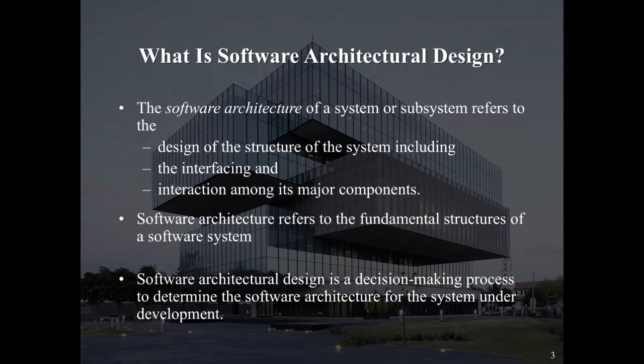All these arrangements are called architecture. So when you want to design the architecture, you want to make decisions about how the architecture would look. The architecture of your software system refers to the design of the structure of your system, including the interfacing and the interactions between major components. So what is interfacing? Interfacing means what methods will be used to access other components.